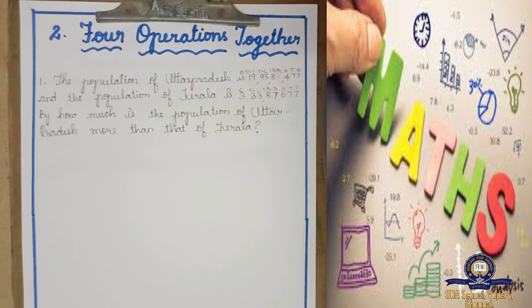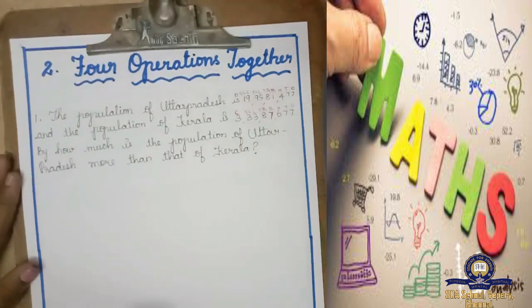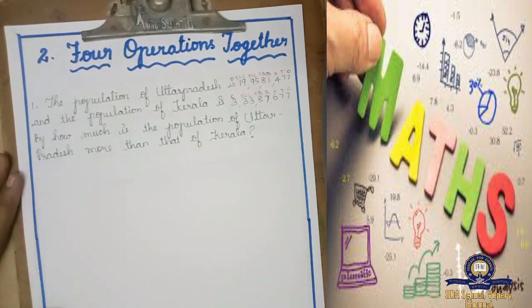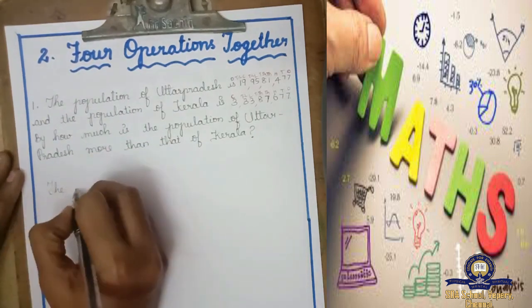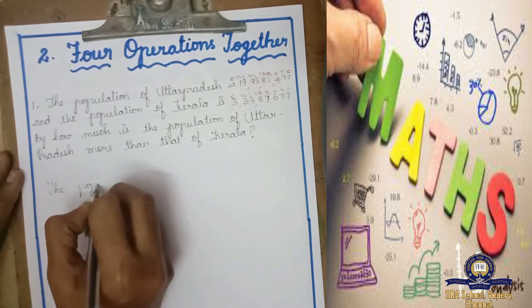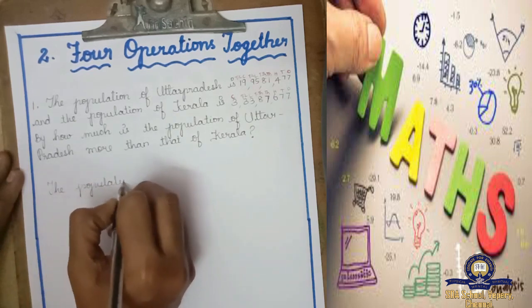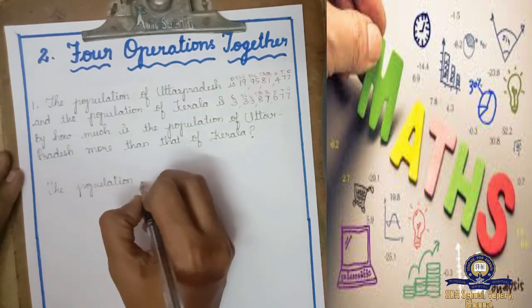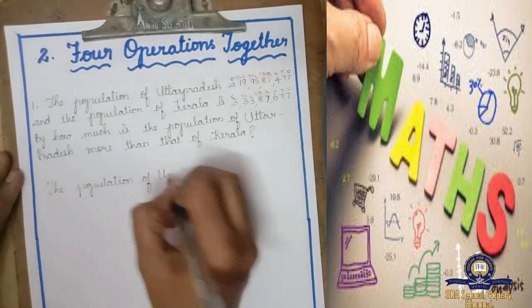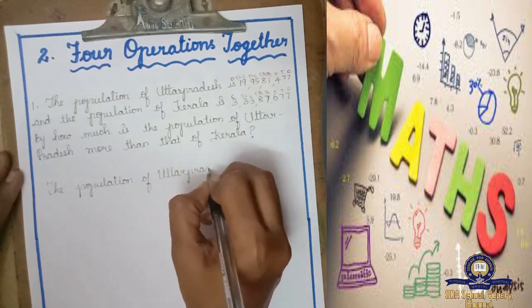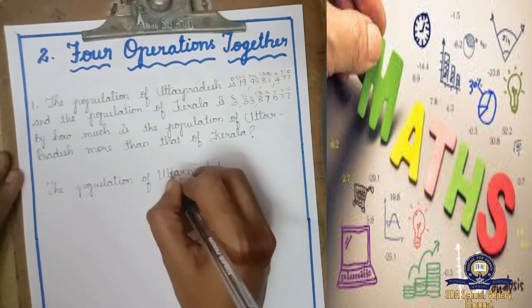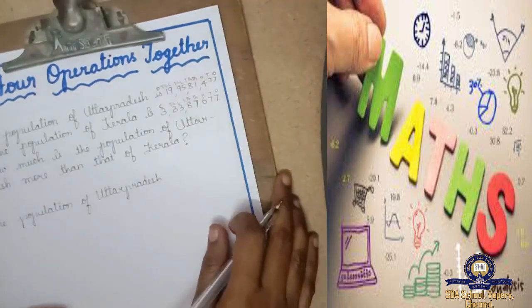Okay, first we have to start writing the statements. So the first thing you should write, the population of Uttar Pradesh. What is the population of Uttar Pradesh?